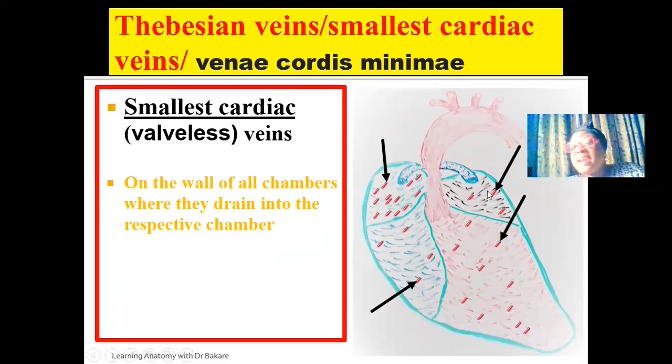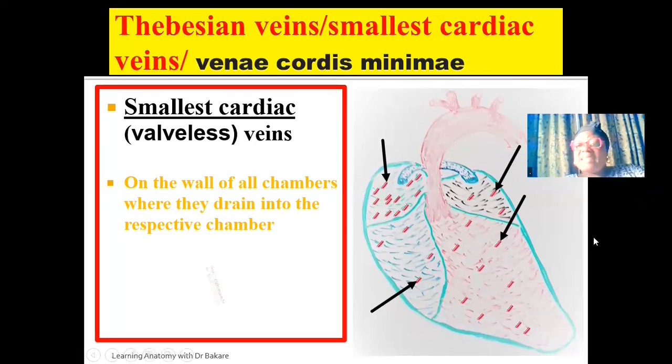Thebesian veins in the right atrium drain the deoxygenated blood into the right atrium. You see the Thebesian vein in the right ventricle also draining the deoxygenated blood into the right ventricle. You also see this kind of presentation on the left side. So what the Thebesian veins do is that they drain the deoxygenated blood directly into the respective chambers of the heart that they are located in.